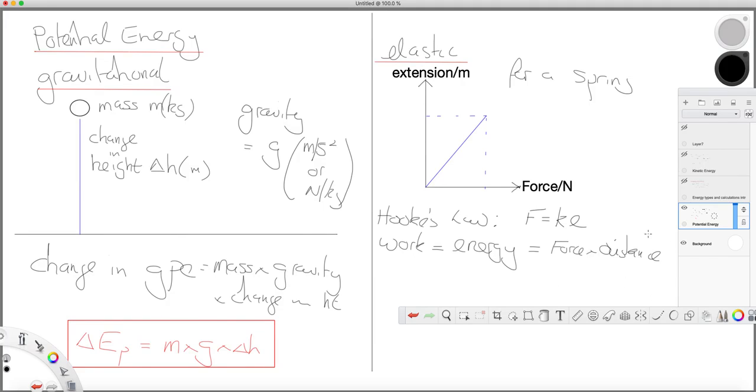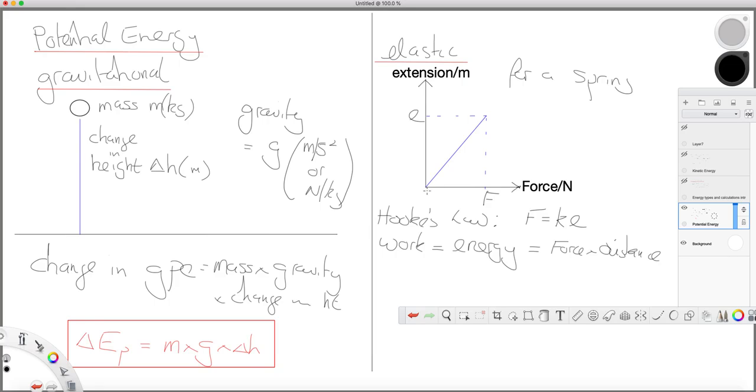So if we multiplied the force by the distance moved, we'd do force times extension. But if we were to take this value, F, and this value, E, and multiplied F by E, we would get the whole of this area, this rectangle.